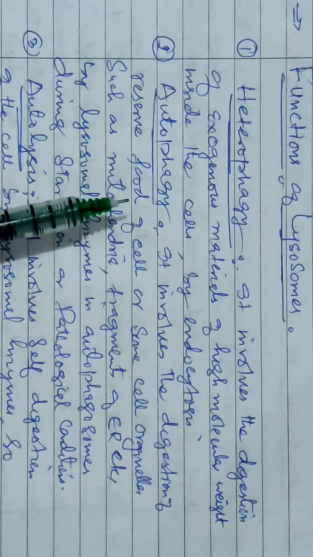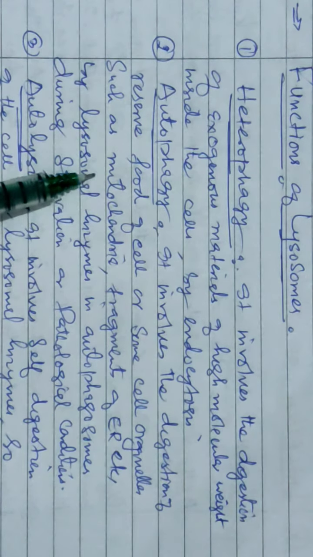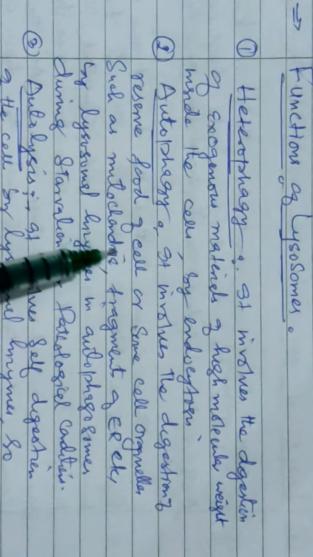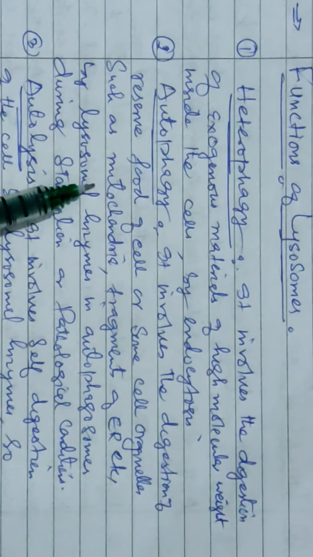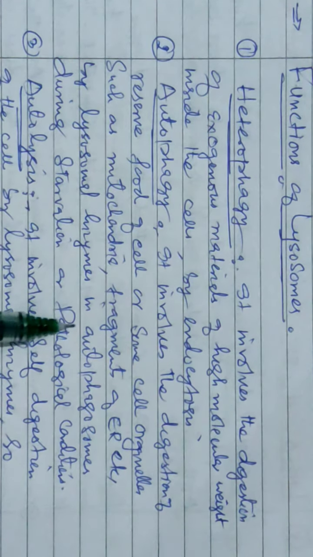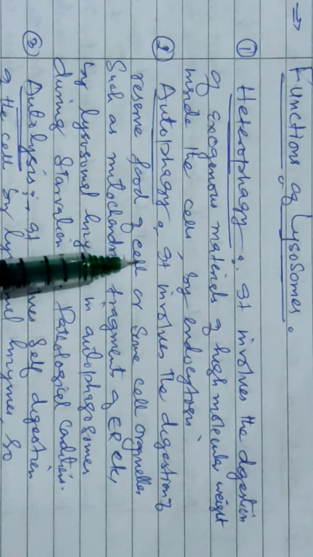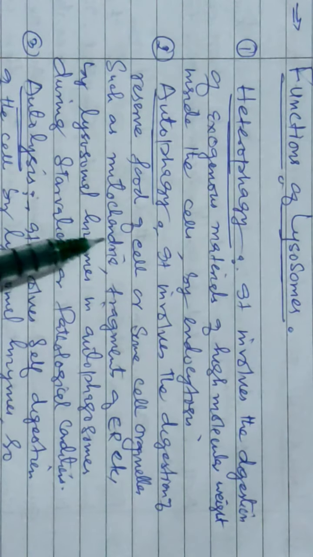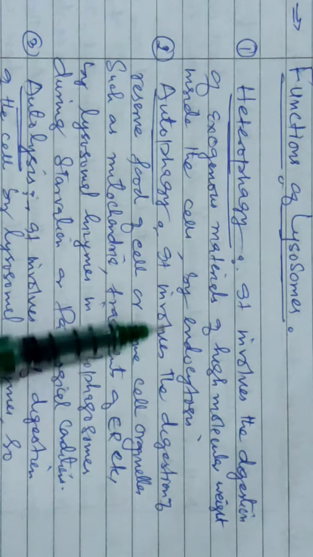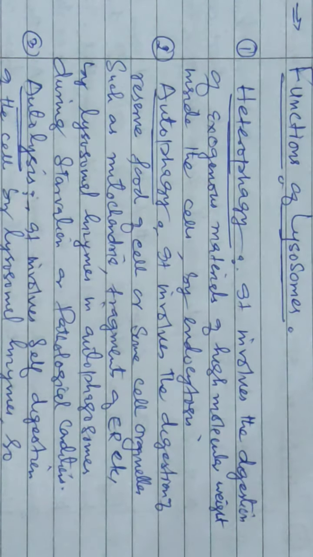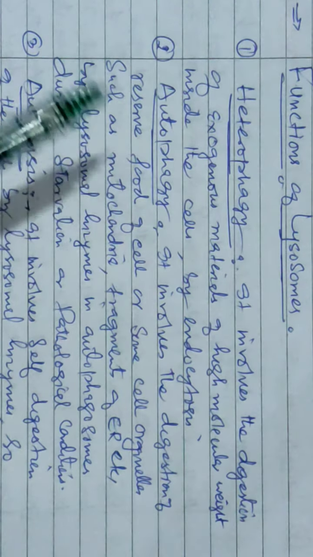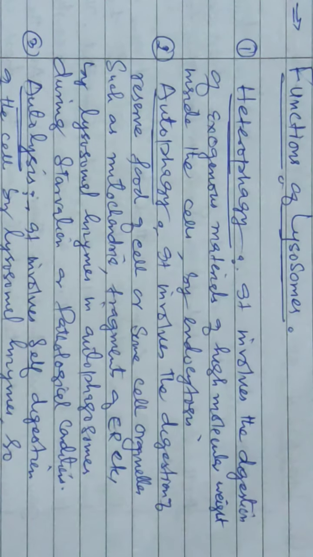We have already discussed that when we are facing starvation, under fasting, and there is no food available to the cells, or there are certain pathological conditions, the lysosomes fuse with the cell's own organelles, surround them, break them down and digest them, and get energy from them for the rejuvenation of the cells. This process is called autophagy.